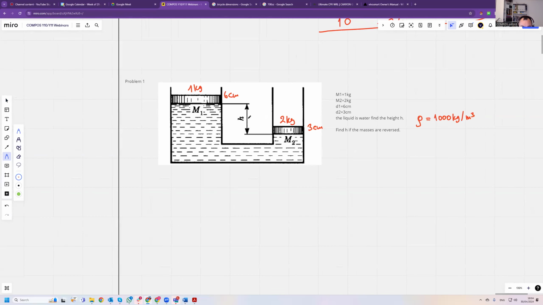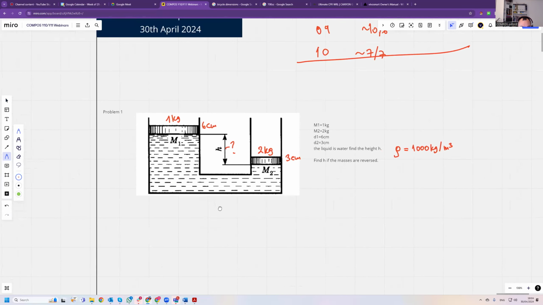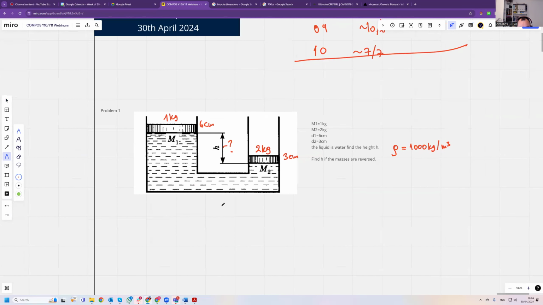Find the height h. So you need to find the difference in height. To find the difference in height, what do we do? Well, let's see what we're dealing with. Liquids work in a way that the pressure in a liquid is the same in all directions.